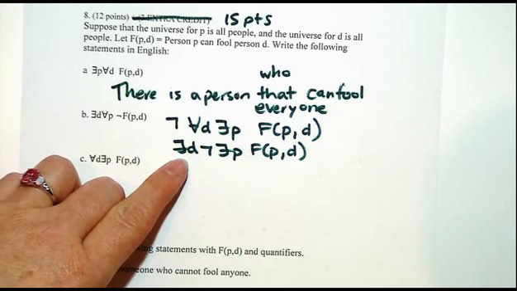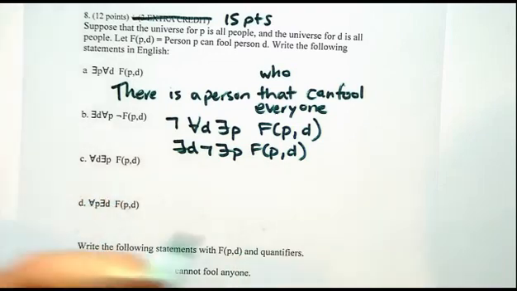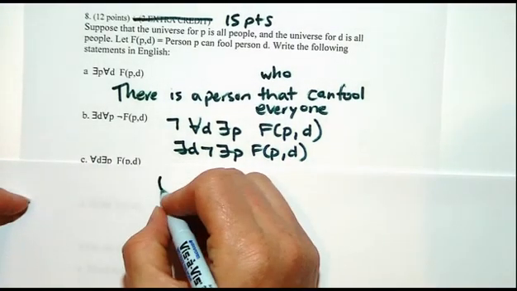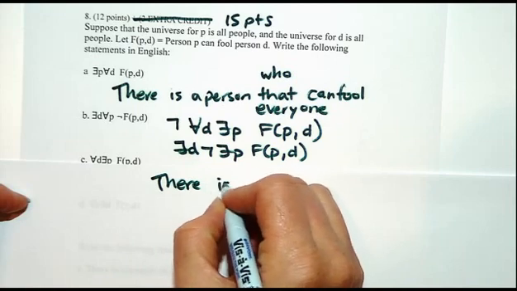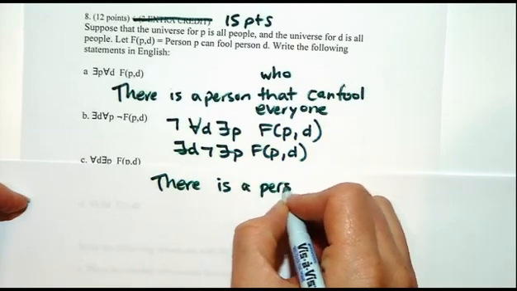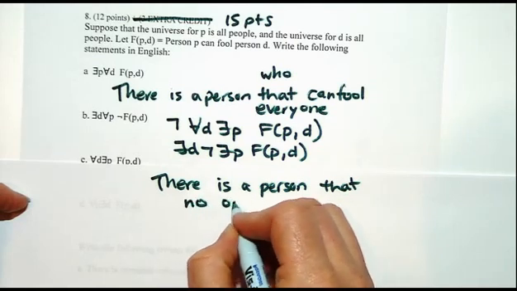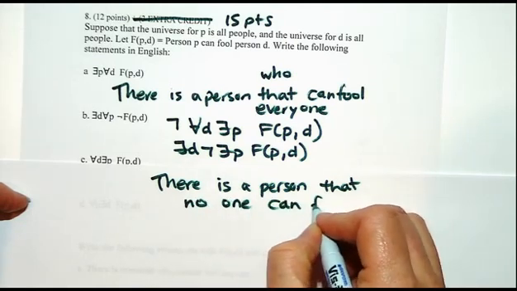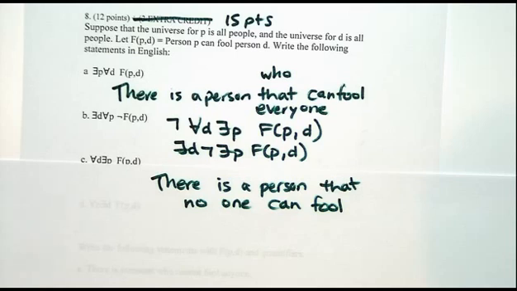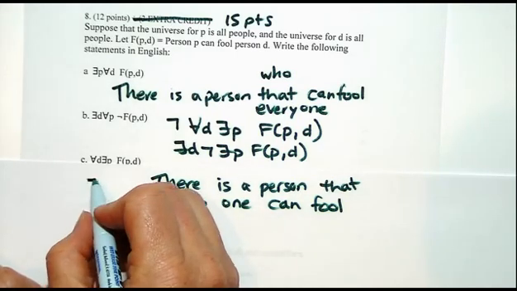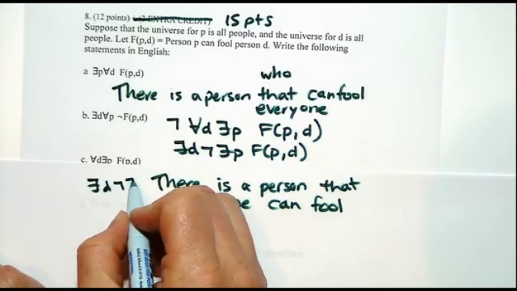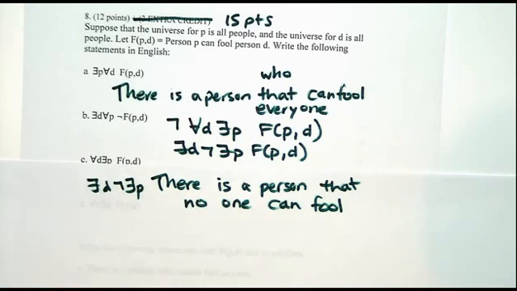So not there exists is no one. So that is for my there exists D, not there exists P solution.